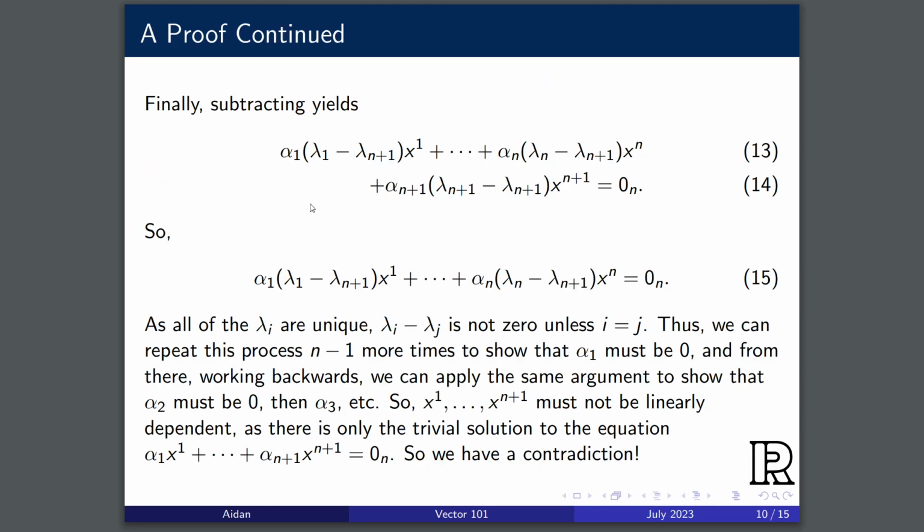Or at least one of these alpha i's is not 0. Because the lambdas are unique, that means that at least one of these new coefficients must be non-zero.